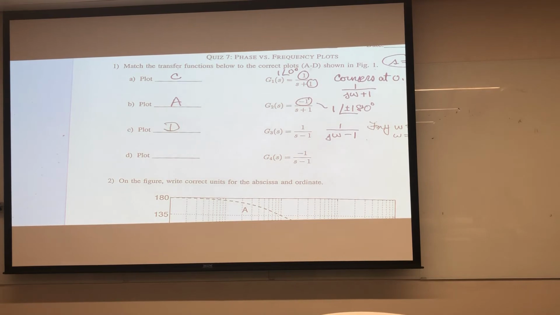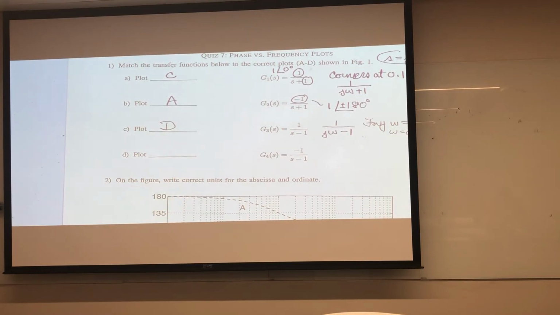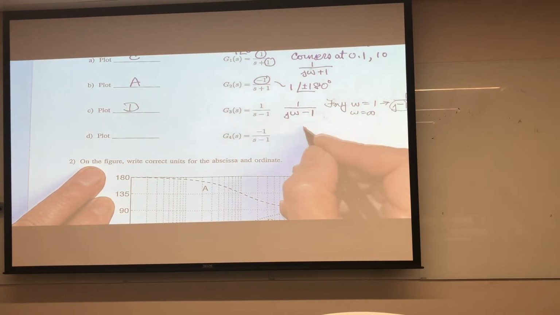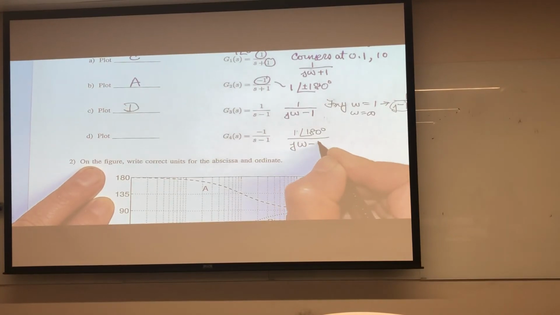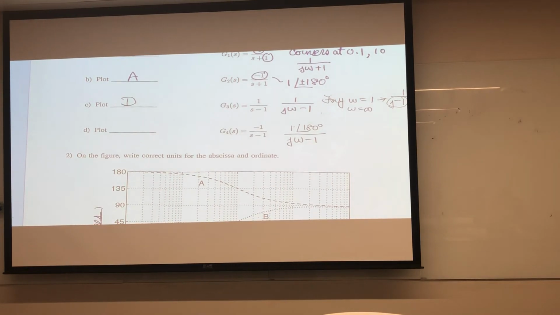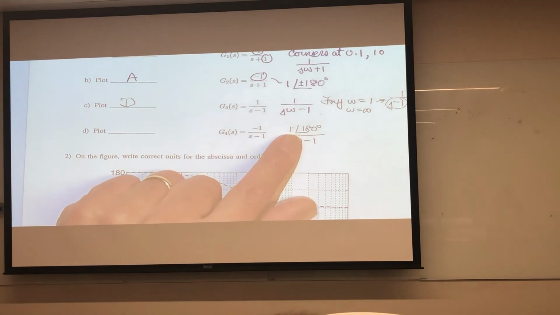Now we could use the process of elimination, and since we only have 4 answers, the logical choice must be B here. But we could go through the same process again. This is 1 at an angle of 180 degrees. And on the bottom here, we have j omega minus 1. So when omega is very small, we have negative 1 over negative 1, which is just 1.